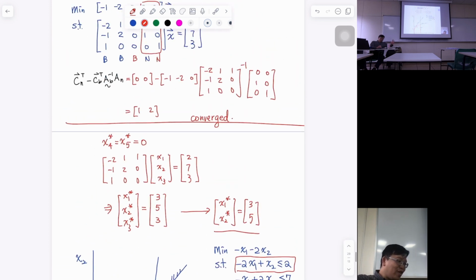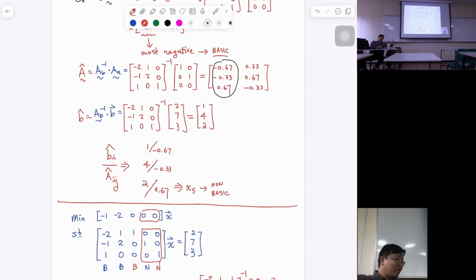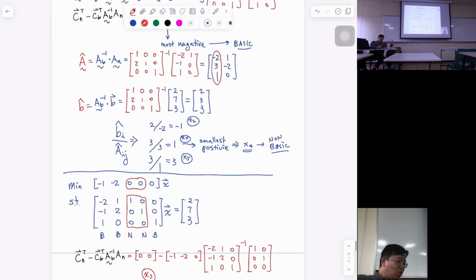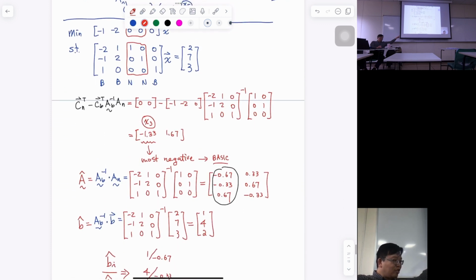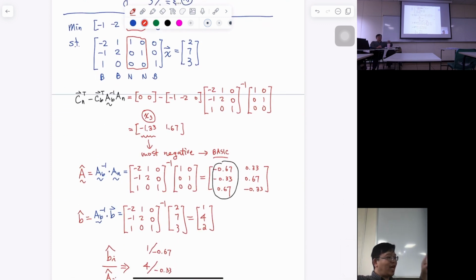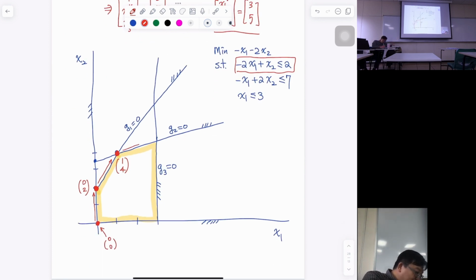In the third iteration, I think we were increasing one of the select variables. So the second iteration was x1. The third iteration was the time we actually increased x3 from 0 to a certain value. And that was the time we actually moved like this.